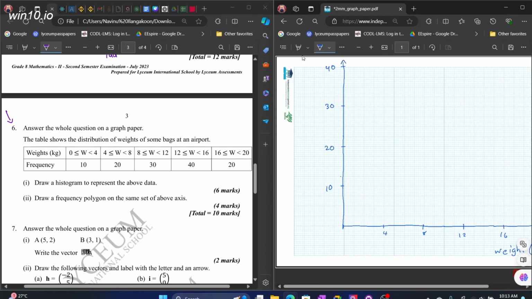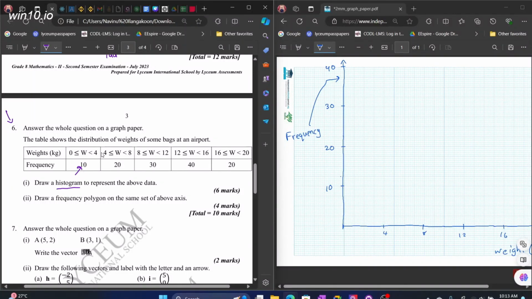This is the frequency in the y-axis. So we have to draw a histogram. Histogram means it is similar to a bar chart. So we have to mark these frequencies as a bar chart in the graph paper.